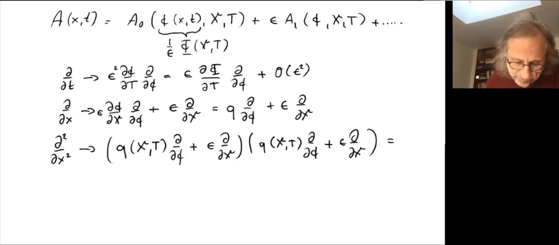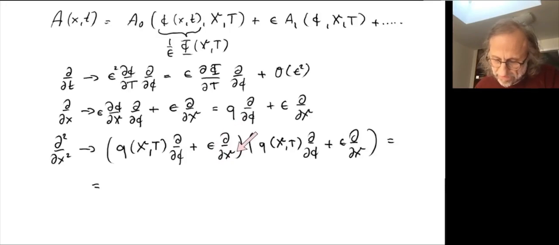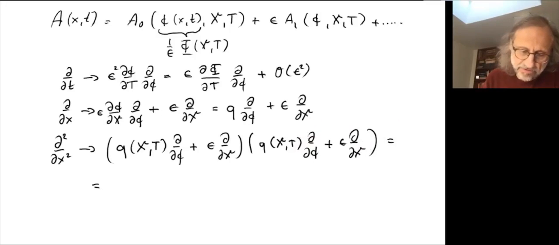The reason I wrote this out like that is because one has to be careful. This slow derivative acts not only on A; you have to imagine that there's an A sitting here, so I just wrote it as operators. This derivative acts not only on this A here, but by product rule also on this q. But that's not true for this slow derivative. That slow derivative only acts there. One just has to pay attention to that.